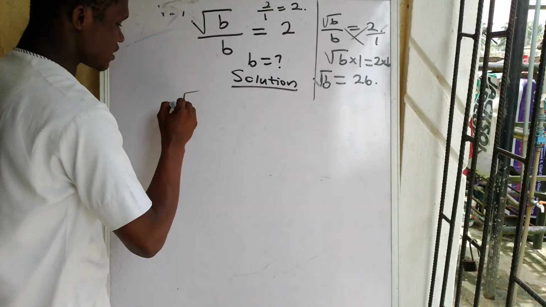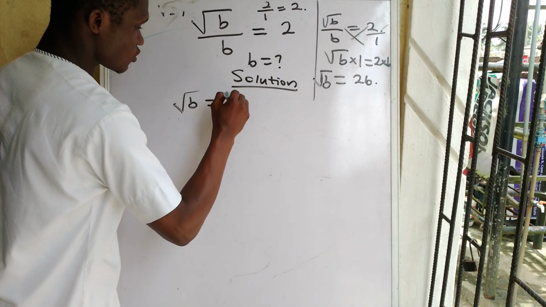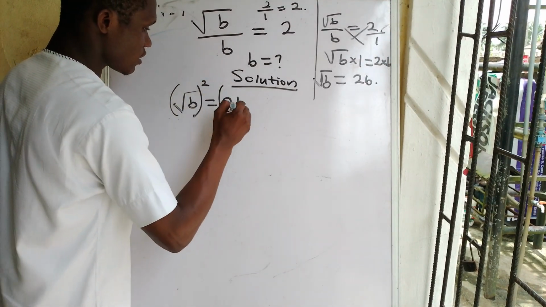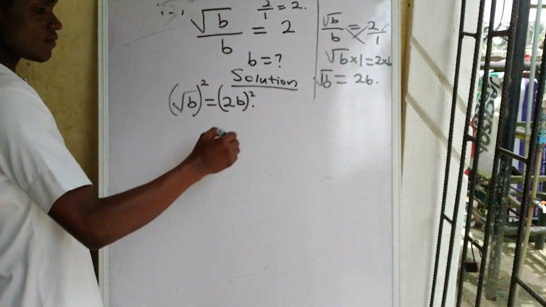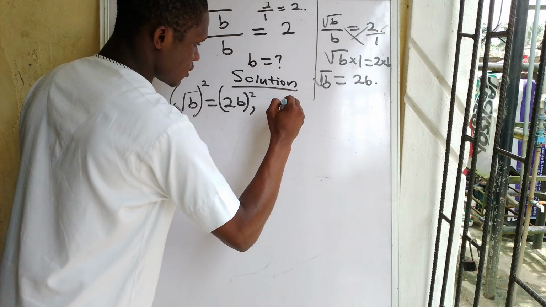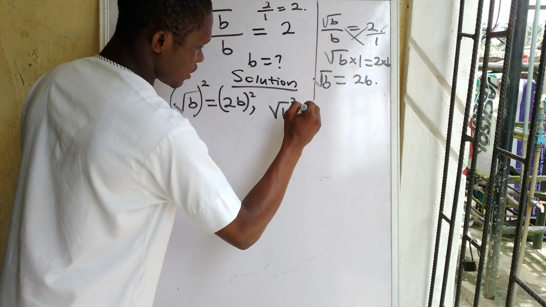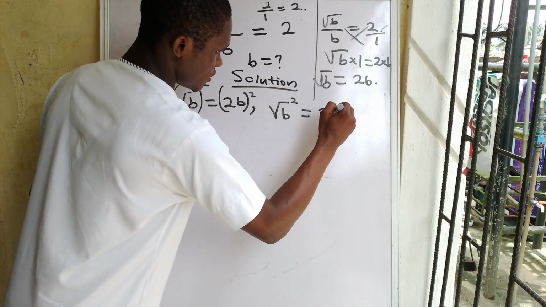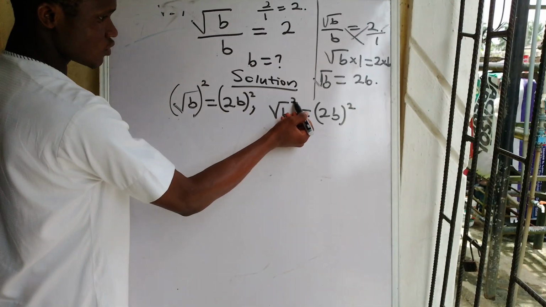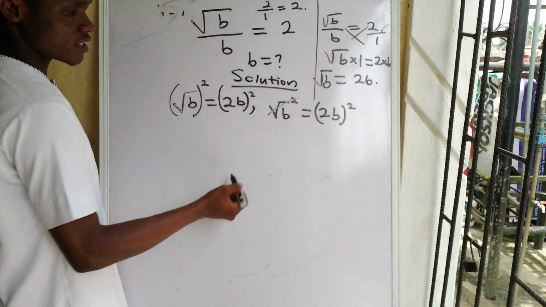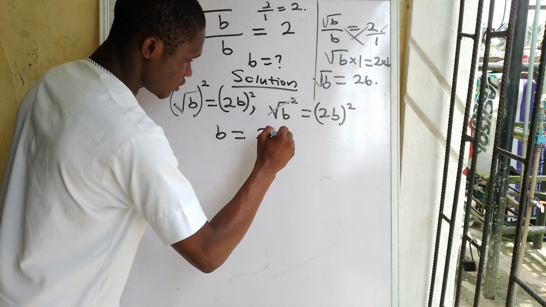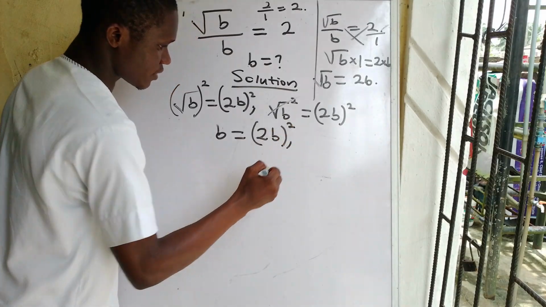If we square both sides, we have root b all squared equals 2b all squared. The root cancels off the square, so we have b equals 2b all squared.